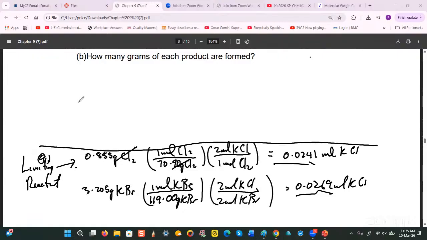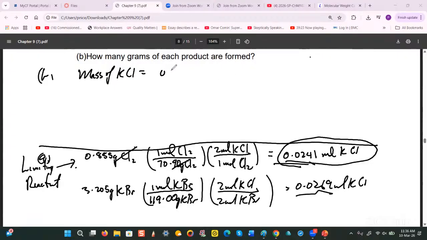That's the A part. Okay. So for the B part, it's asking how many grams of each product are formed, right? So that's relatively easy, for one of them at least, because we know that between these two numbers, this would be representing the amount that you'd expect to get as far as the KCl is concerned. So all you have to do to get the mass of KCl, potassium chloride, that would be equal to the moles, 0.0241 moles, multiplied by the molar mass.